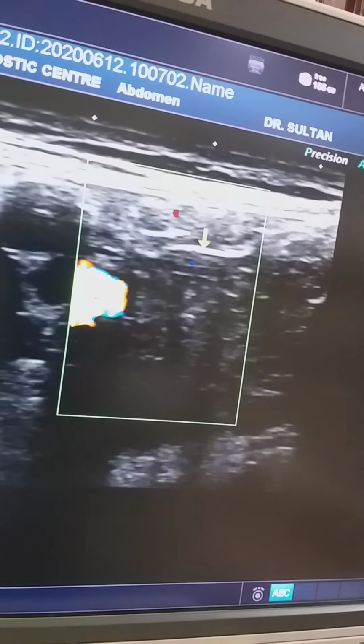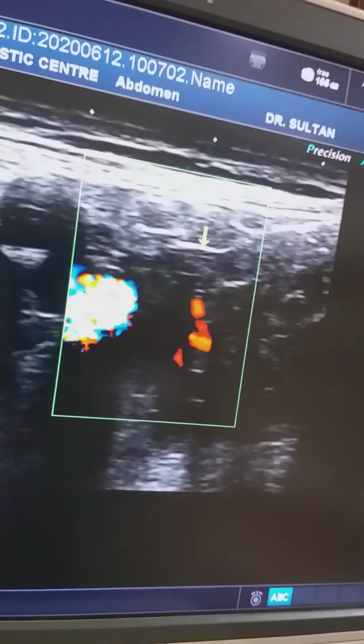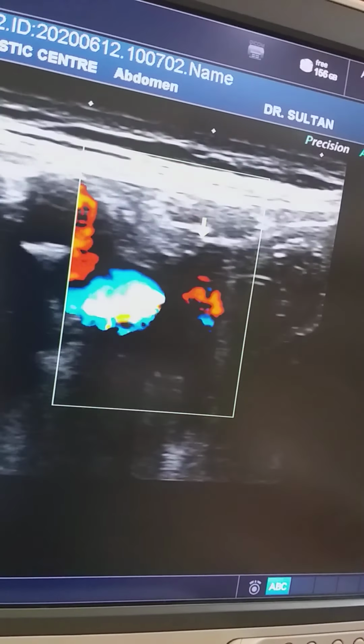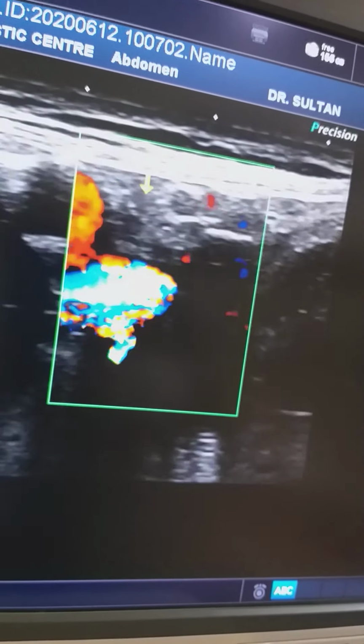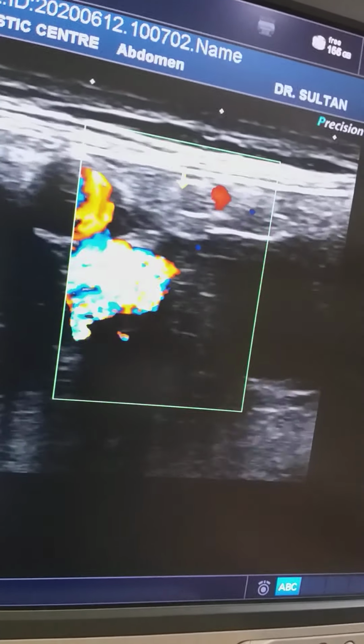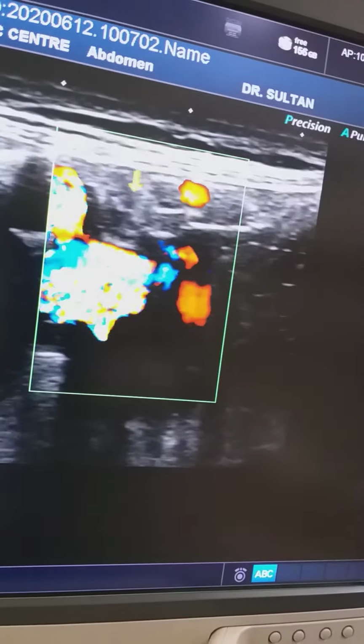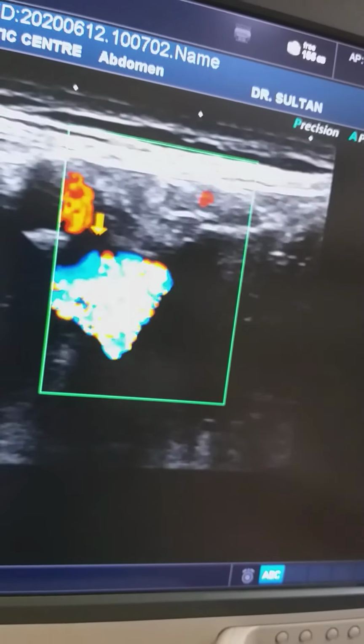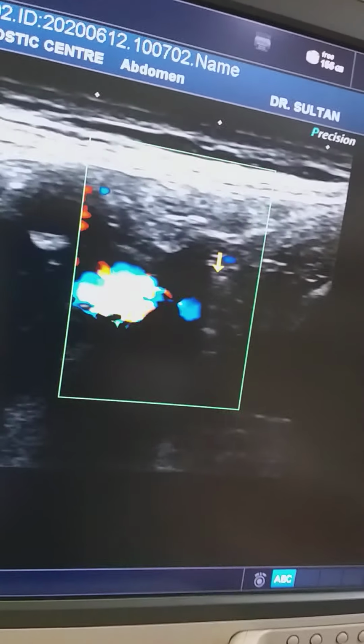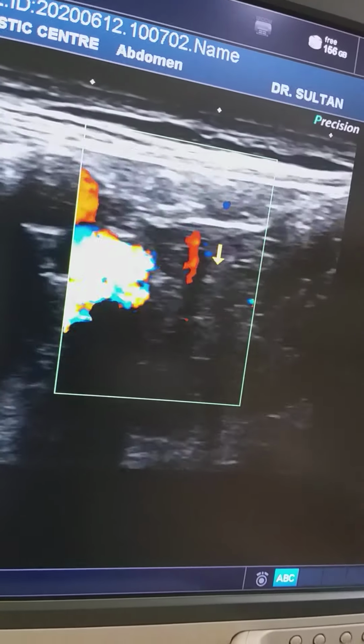So these are the anatomic landmarks for the epigastric hernia, paraumbilical hernia, Spigelian hernia, indirect inguinal hernia and direct inguinal hernia. Thank you very much.